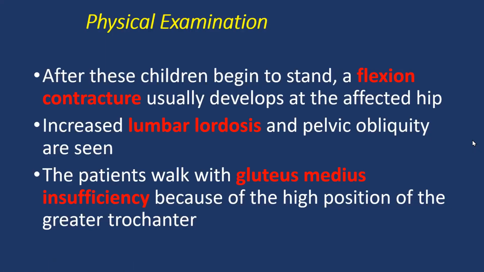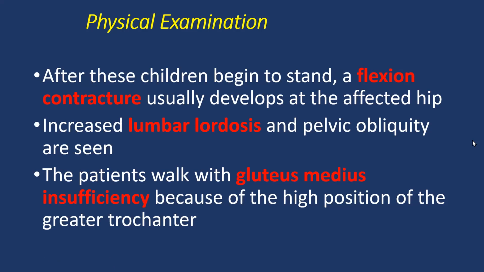After these children begin to stand, a flexion contracture usually develops at the affected hip. And what do they have? Yesterday, a patient with bilateral DDH, and he failed to mention something about lumbar lordosis. Lumbar lordosis in bilateral DDH is a problem. Why? Because the stress and strain on the spine is bad.